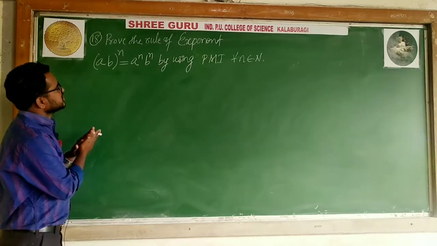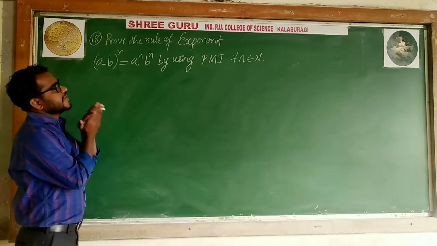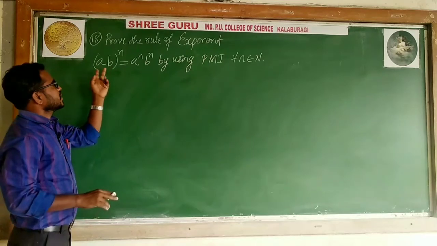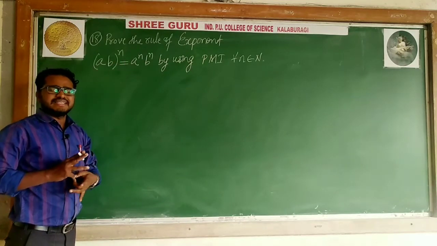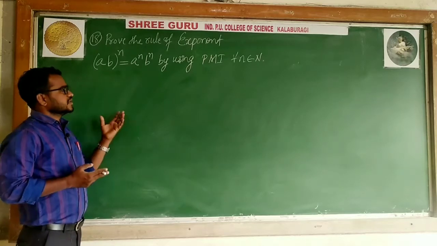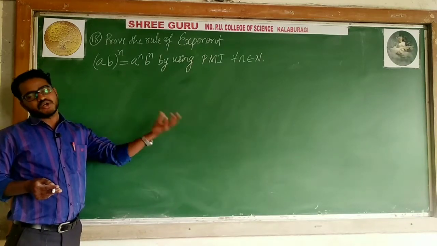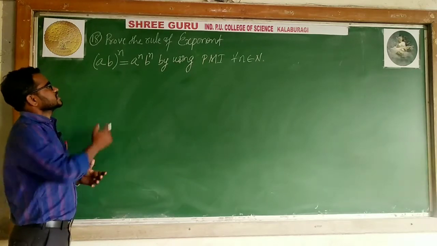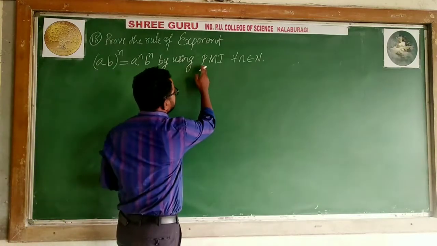The given statement is, I can say, prove the rule of exponent: AB whole to the power n is equal to A to the power n, B to the power n. In the case of the rule of exponent, if it is ABC whole to the power n, it is A to the power n, B to the power n, C to the power n. According to this you can calculate easily in the case of power. AB whole to the power n is A to the power n, B to the power n, using PMI.